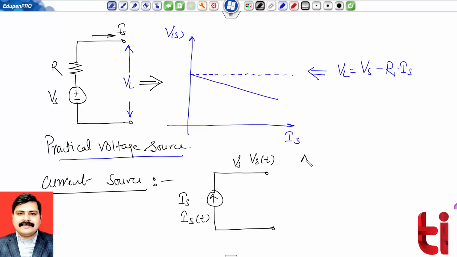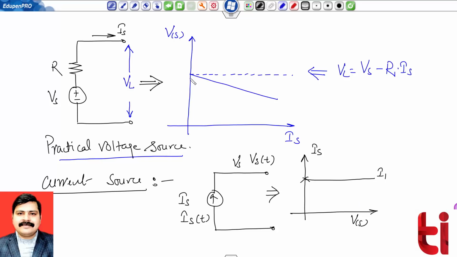And if one is interested to find the voltage current relationship, if this is my Is and this is my Vs, then you can see that the value of current will also be fixed, suppose at some value of I1. So this is my equivalent current voltage relationship for an ideal current source.